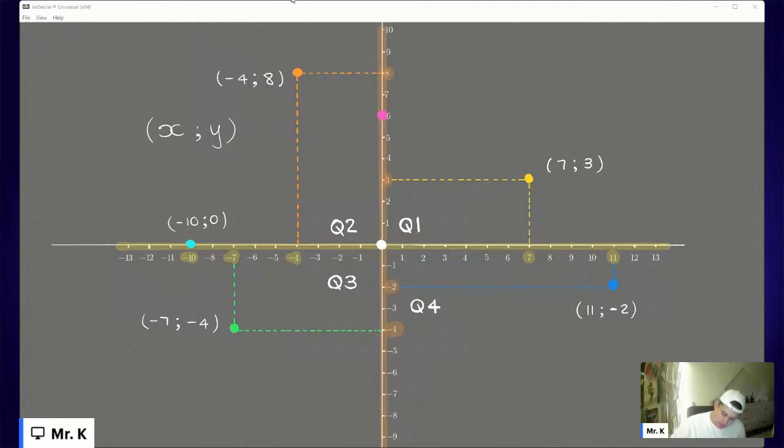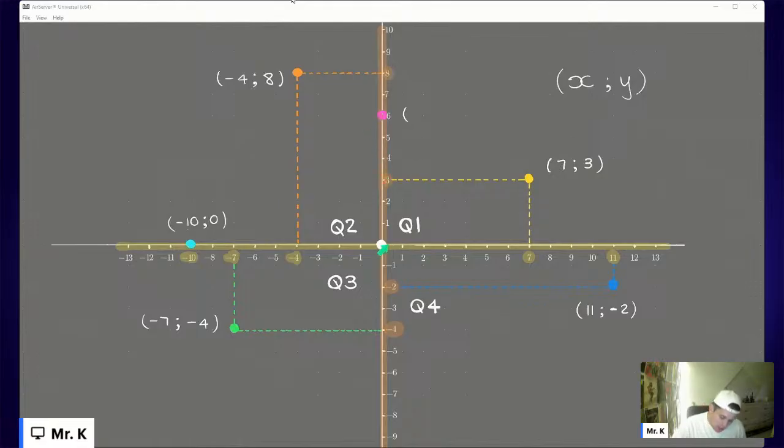Let's take a look at this bright pink dot that we have at the top left, at the top of the screen where my arrow is pointing. If we're trying to find the coordinates of this point over here, remember, we are looking for coordinates in the form x, then y. So, what is my x value for this pink dot over here?